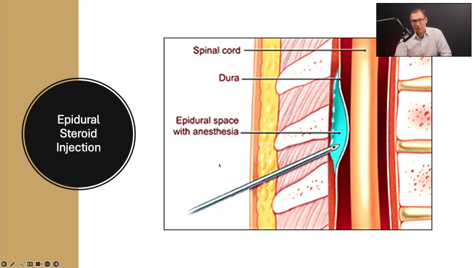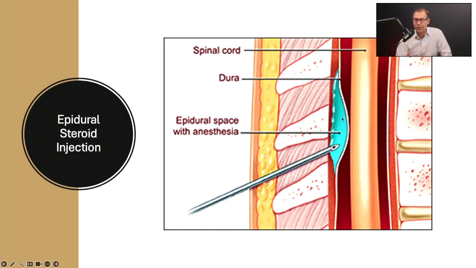So what does an epidural steroid injection do? You drive a needle in, and you're putting it right here just on top of the dura mater, the tough mother. So the spinal cord is down here. You've got this tough membrane protecting it, and now you are putting the steroid and local anesthetic or just saline out here.